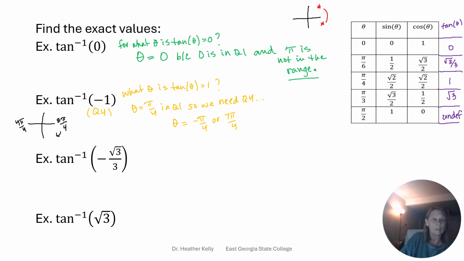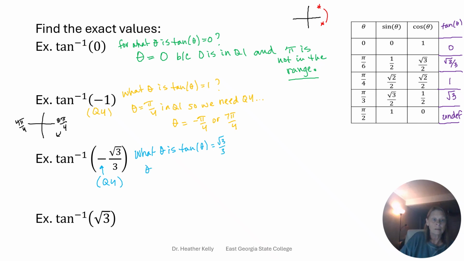Okay, let's look at the next one. Arctan of -√3 over 3. This is going to give us an answer in quadrant 4 as well because of that negative in the argument. So we want to know what theta is tan theta equal to √3 over 3.